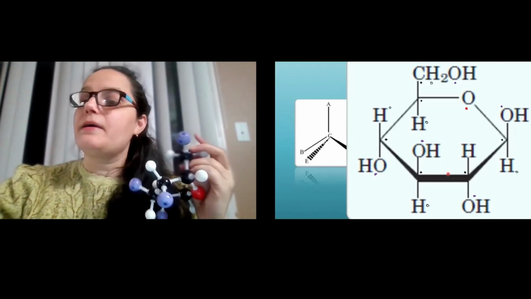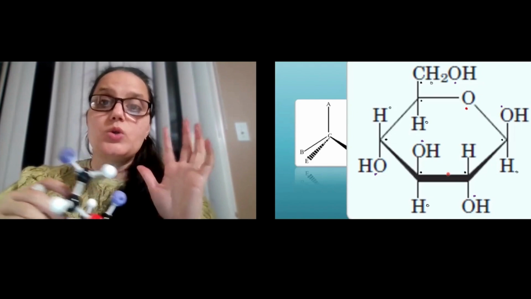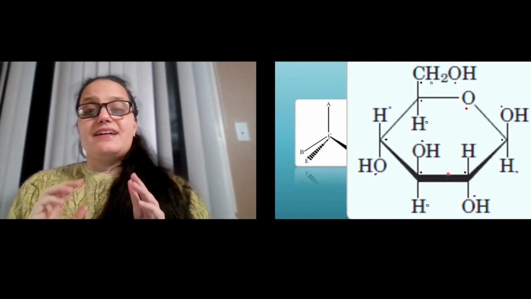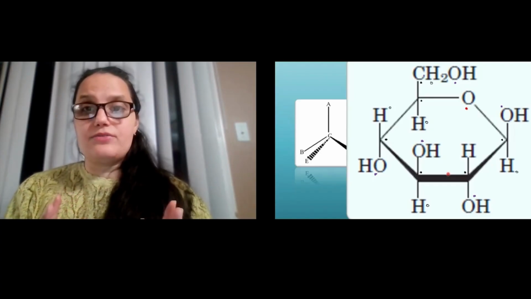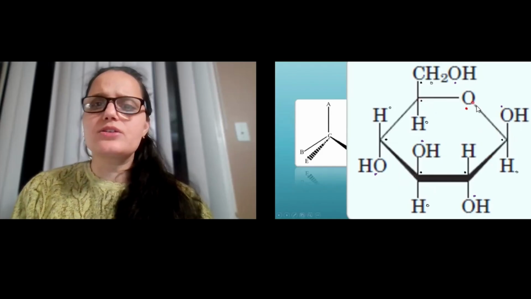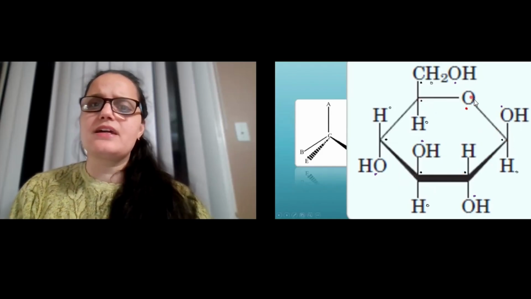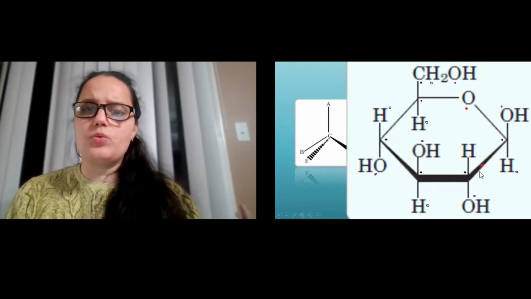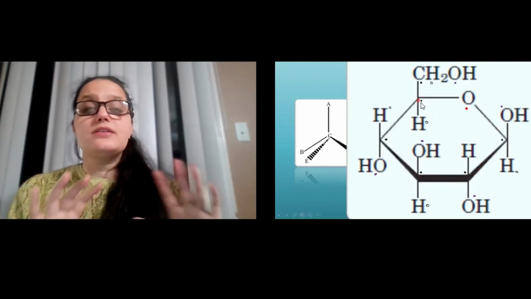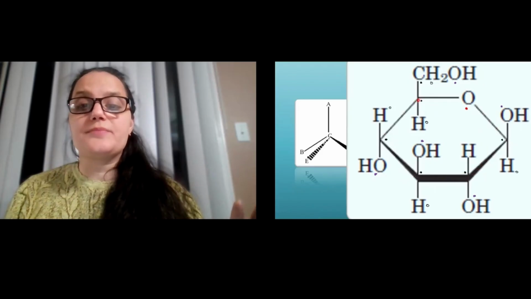It can be anything, but we should know the relationship between the two. Now, even in this Haworth projection formula, it seems that all these groups are in the same plane, like this oxygen, carbon number 1, carbon number 2, 3, 4, and 5. They all are in one plane.